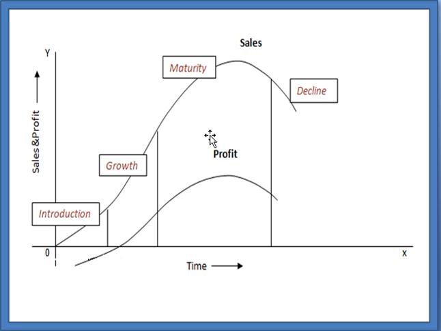When a marketer is getting profits and the sales are at the peak stage, that stage is called maturity. Every marketer should focus on the maturity stage. When the new product is launched, that is called introduction.